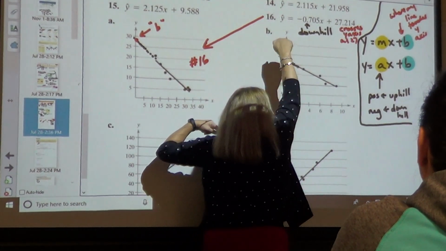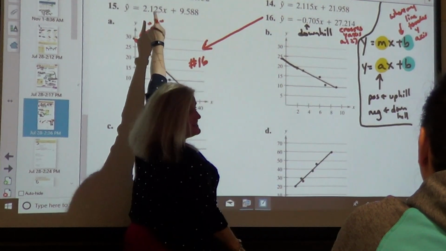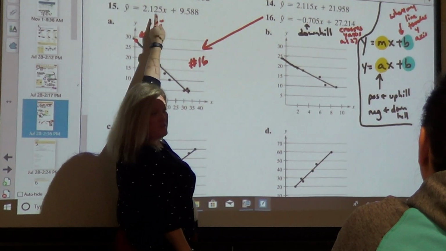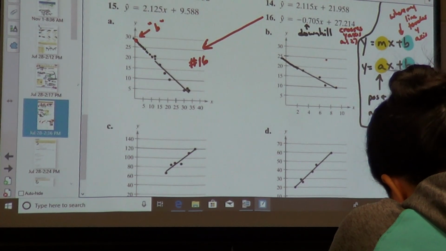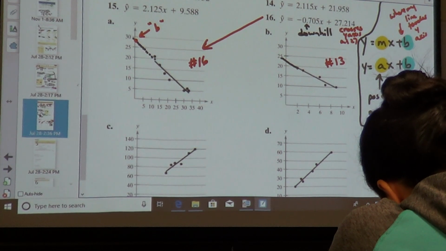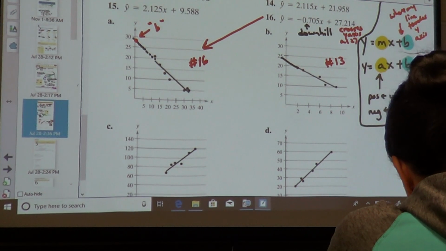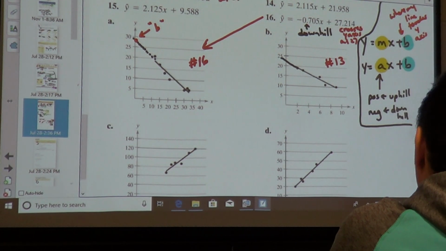But this one's going which way? Downhill, which means it has a negative slope. So this one's going to be number 13 because it's going downhill and crosses the y-axis at 21.